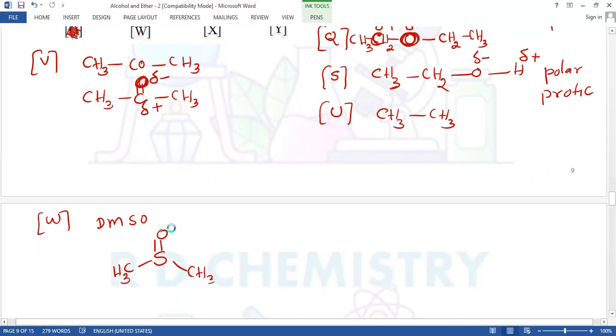Oxygen is more electronegative and sulfur is electropositive. So there is polarity, but oxygen does not contain hydrogen. So it is a polar aprotic solvent. So W comes here into the picture.